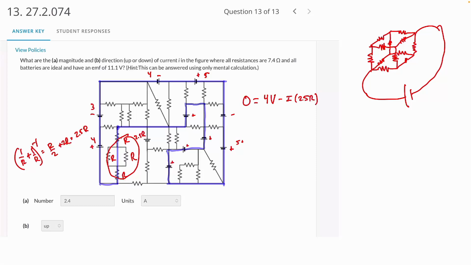Electrical engineers, you can go figure out the resistor cube and every single current in every single... how many currents are there? 1, 2, 3, 4, 5, 6, 7, 8, 9, 10. There's at least 16. Some of those, I think some are doubled up, but there's at least 16 currents in this diagram.